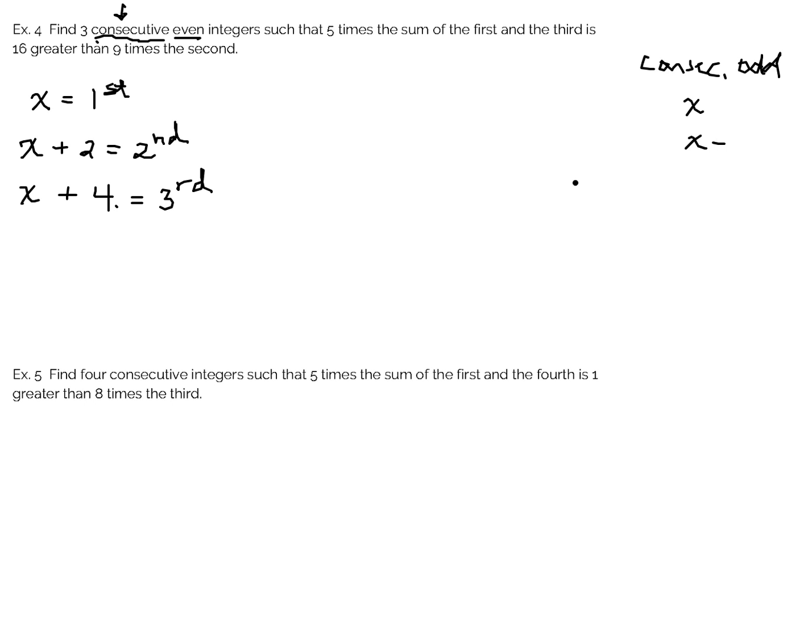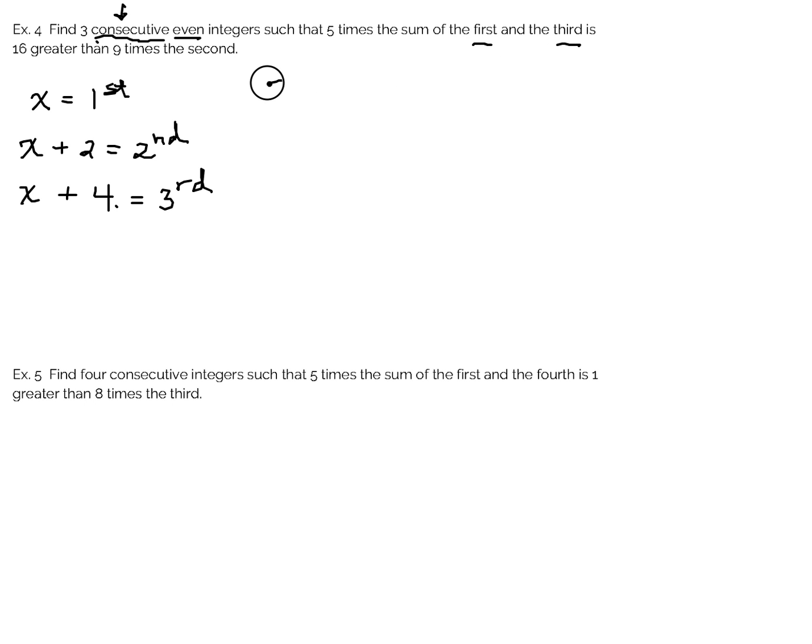All right, let's finish up this problem. First thing you want to do is write your heading so that when you read along with the problem, you know which variables to use. It says find 3 consecutive even integers such that 5 times the sum of the first and the third.